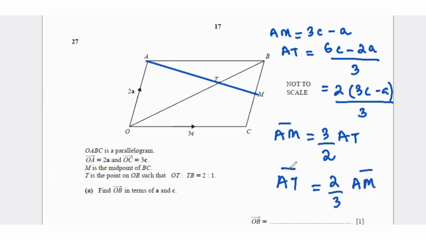Or, in other words, AM is 3/2 of AT. So you can prove it either way and it will show that ATM is a straight line.